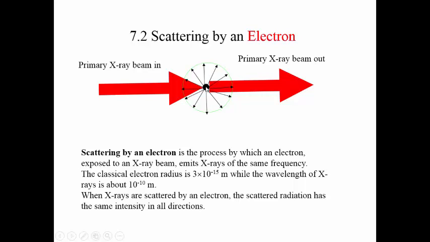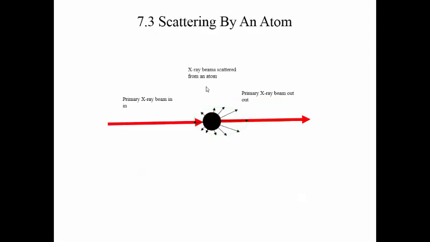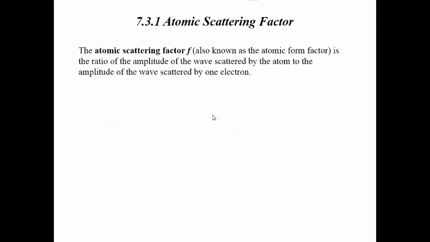Now we take the electrons and we put them into an atom, and something else happens. Some of the electrons will have destructive or constructive interference. So we no longer get the same intensity in all directions, but we do have cylindrical symmetry.